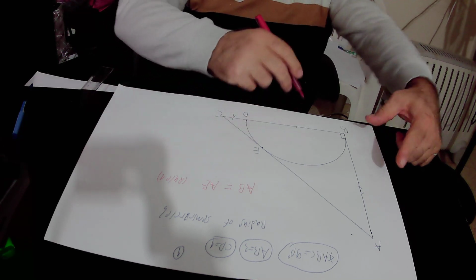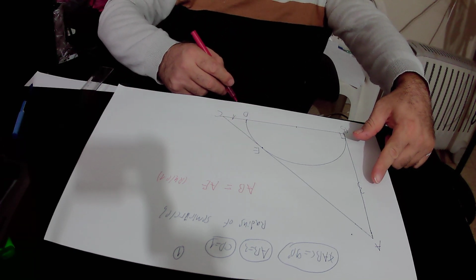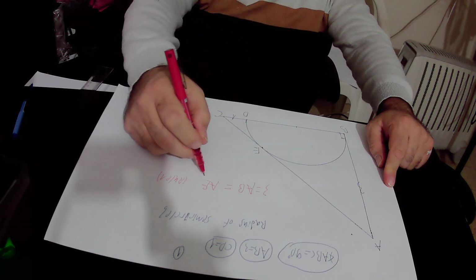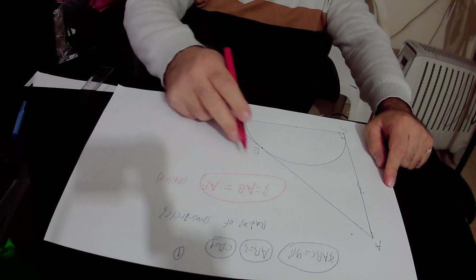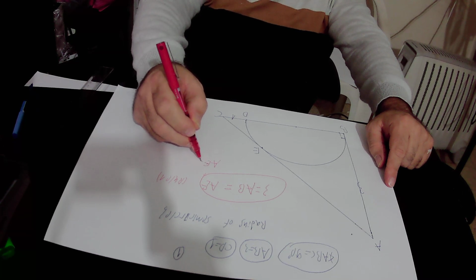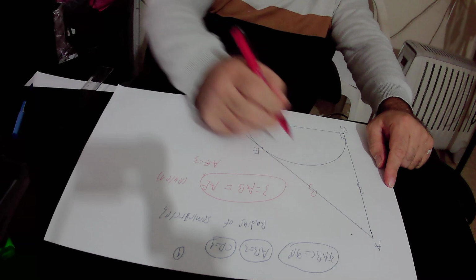But AB equals 3 units, as given in the question. So from this equality, we can derive that AE also equals 3 units.